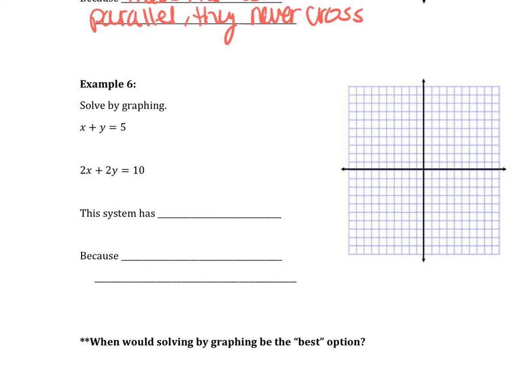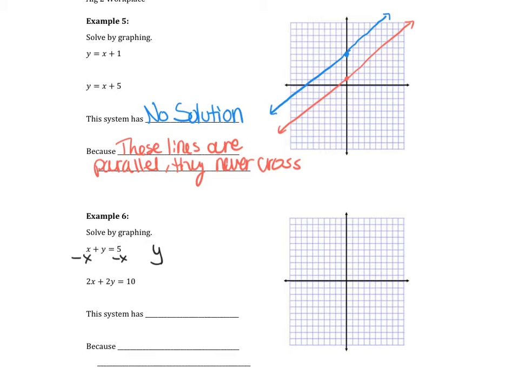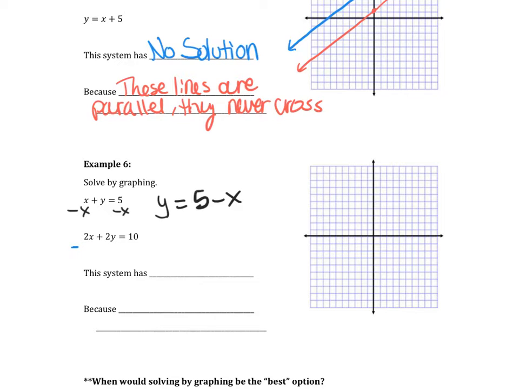So if we get our y by itself, we would subtract x from both sides. So y equals 5 minus x. Then for our second one, we need to solve for y. So we subtract 2x from both sides. Then what do I do to get y by itself?